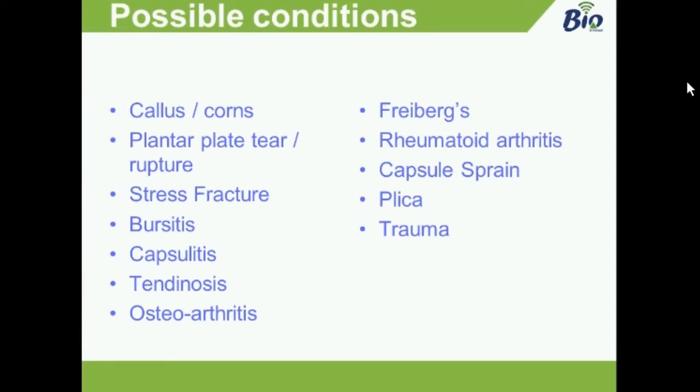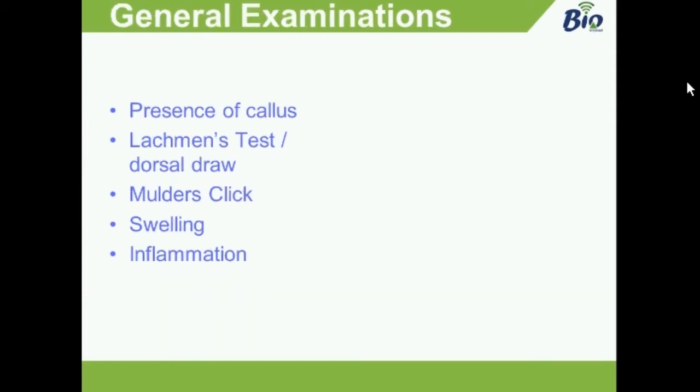Rheumatoid arthritis, capsule sprain, plica, which is a fold of the synovial membrane. And then, of course, you've got trauma as well, but then your patient will give a history of that. So most of the time, like I said, it can be something just as simple as plantar callus, but you've always got to question where that actual callus has come from and what's caused it in the first place.